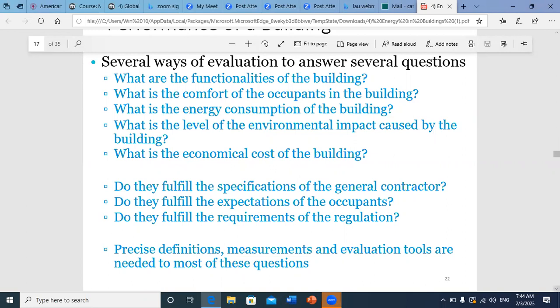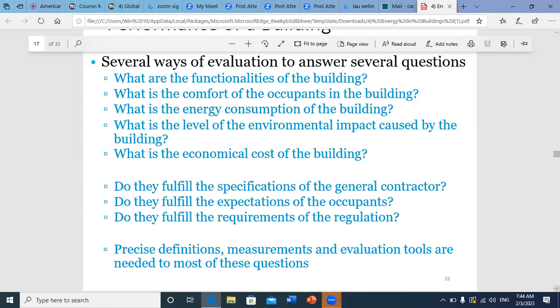And of course, on the economical aspect, we should study the cost, study the investment, and make sure that the incomes will be able to repay the investment in a certain acceptable period of time. So all of these requirements and the design should fulfill the specifications of the general contractors, expectation of the occupants, and of course the requirements and regulations.